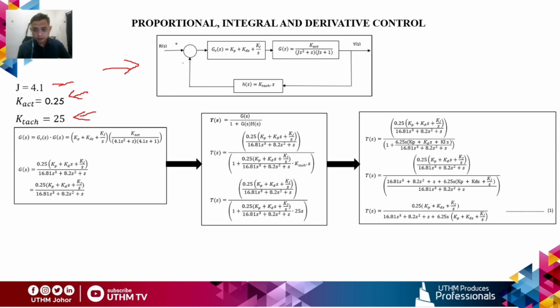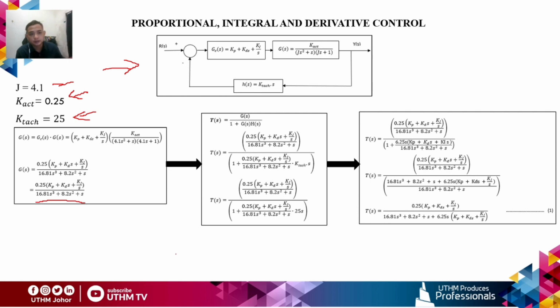The closed loop transfer function of the ABS with the controller is 0.25 times (Kp plus Kd plus Ki over s) over 16.81 s to the power of 3 plus 8.2 s to the power of 2 plus s plus 0.25 times (Kp plus Kd plus Ki over s).